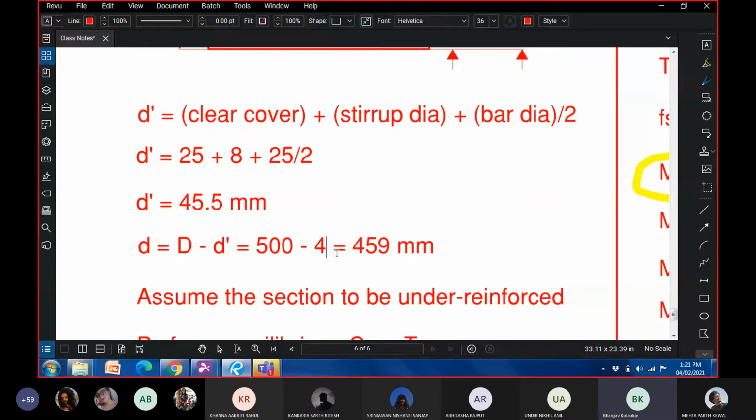And then our effective depth is D minus d dash. D is 600, d dash is 45.5, and this is 554.5 mm.